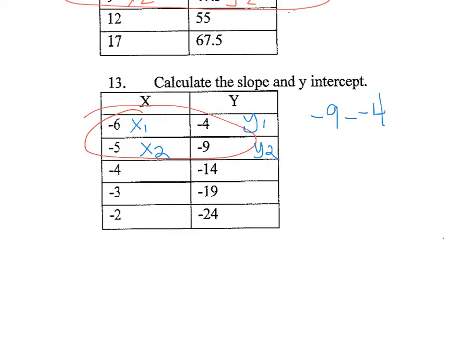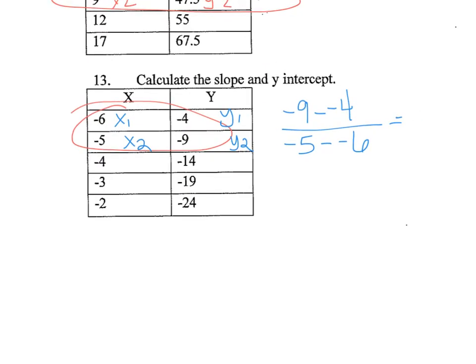So it has to be minus -4, because that's what my y1 is. So x2, -5, minus -6. Okay, it's kind of weird. So -9 minus -4 gives me -5. Then -5 minus -6 is 1. So my slope is -5.